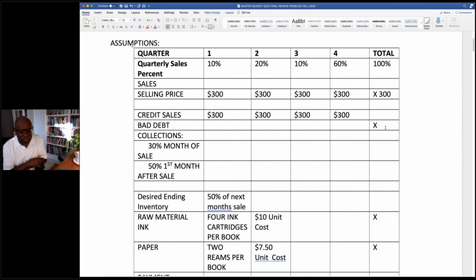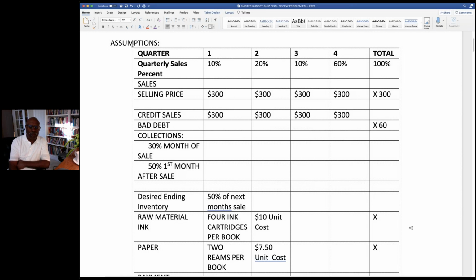Give me a number. I need a dollar amount right now. $60. How did you get 60? I did 300 times 20%.